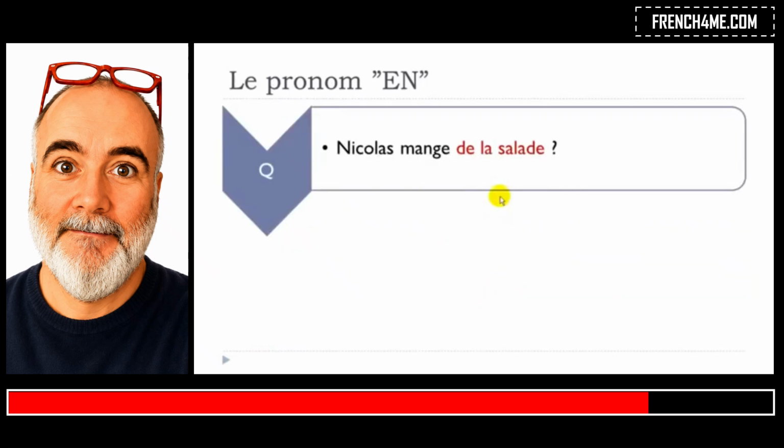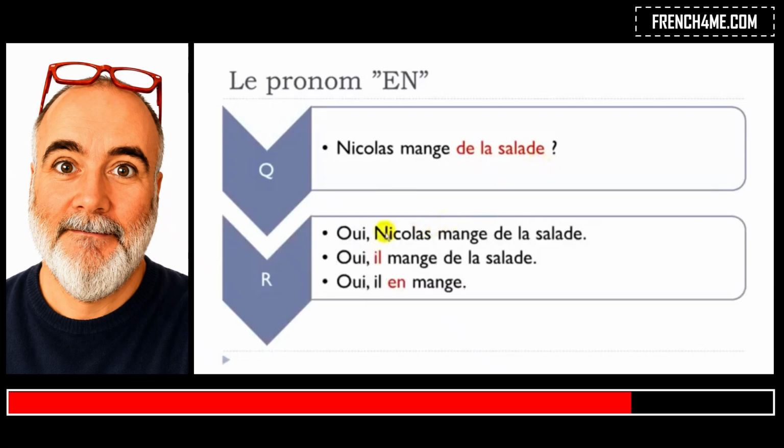another example. In the first example we had the masculine form, and now I wrote same sentence, but then here we've got de la salade. Okay, salade is feminine word, so in that case it's not du, but then it's de la. Okay, but still it's the partitive form, some. Okay, Nicolas mange de la salade. Okay, so as we saw, first option would be oui, Nicolas mange de la salade, so you repeat the whole sentence.